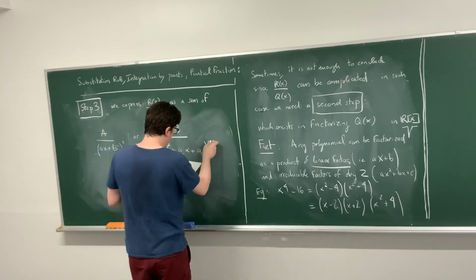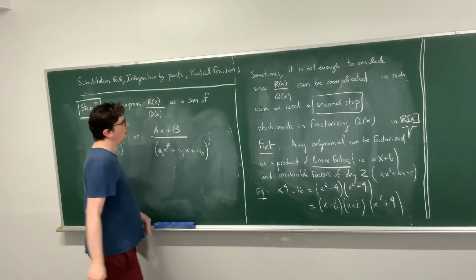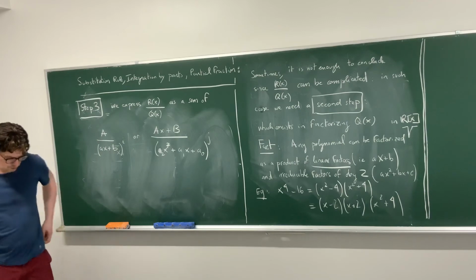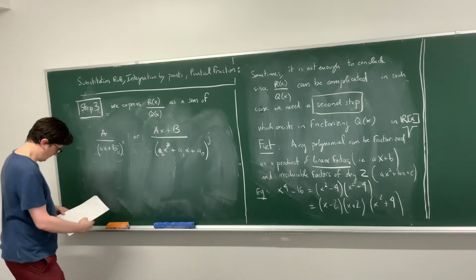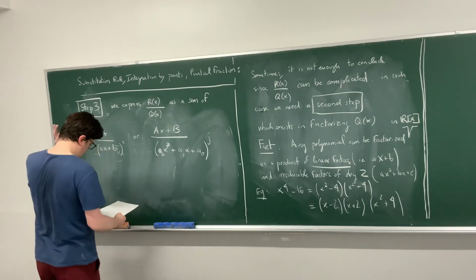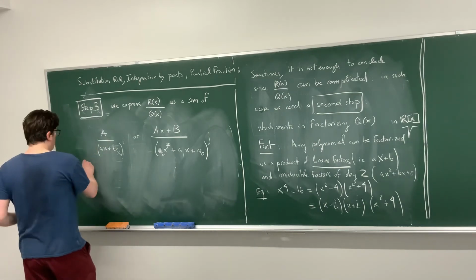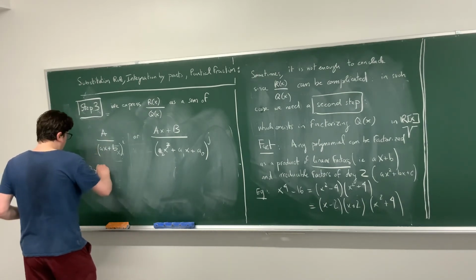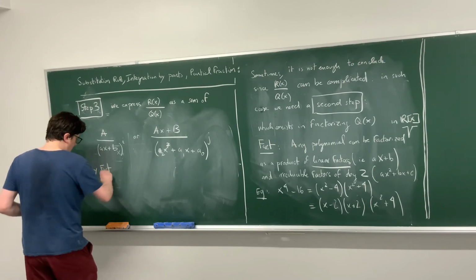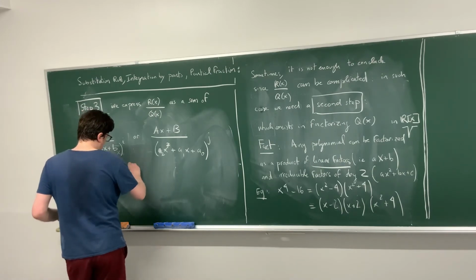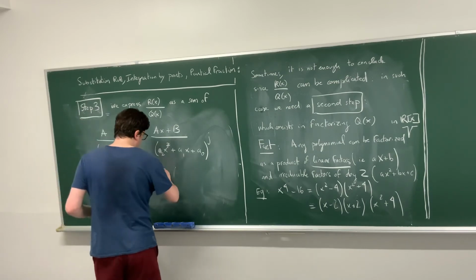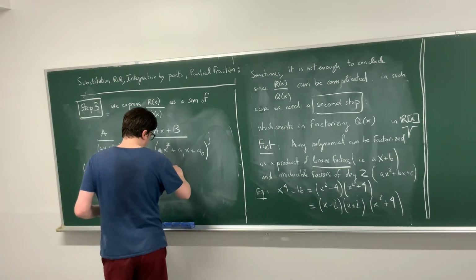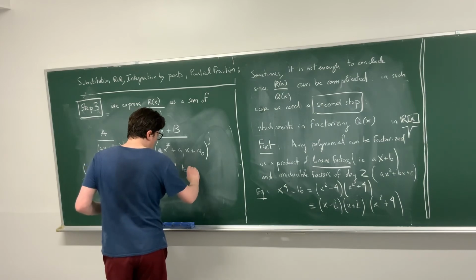And again this term could come several times, so you would put it to some power j. All right. So by the so-called fact, it is always possible to do so.